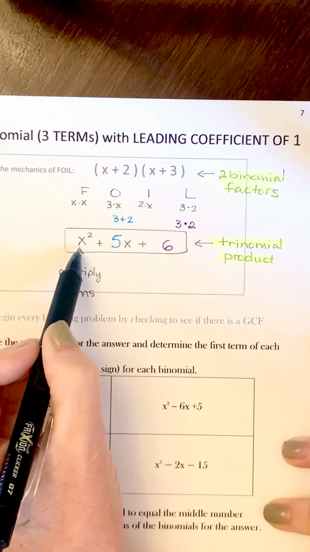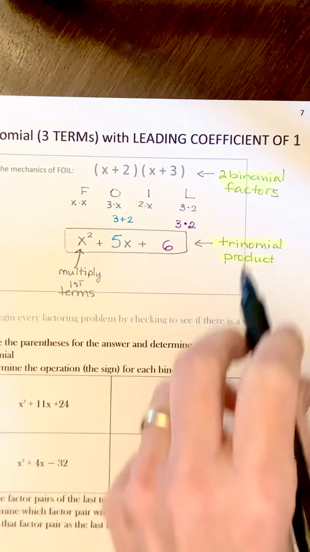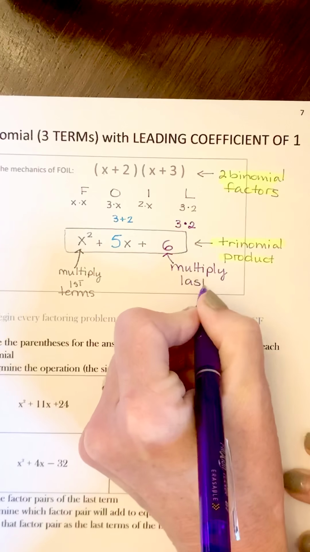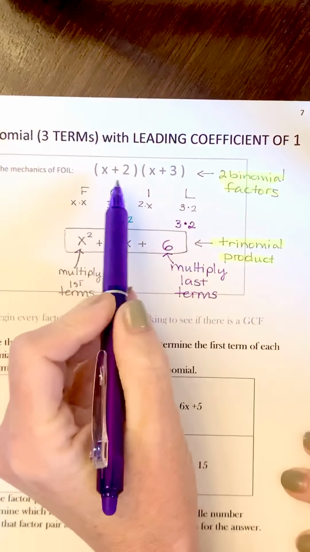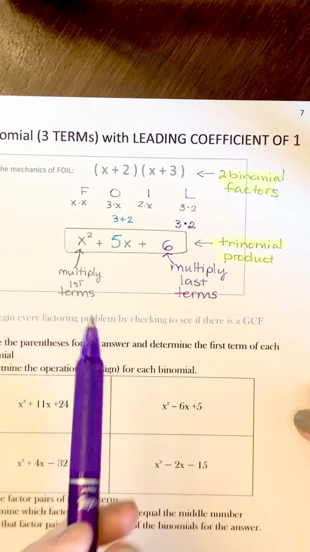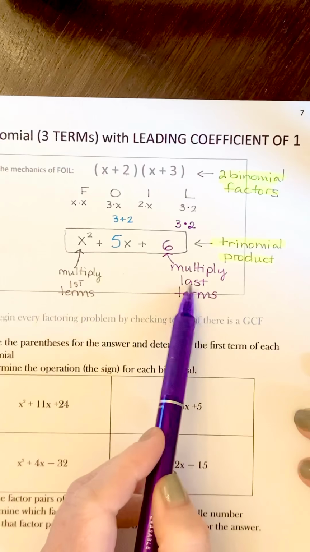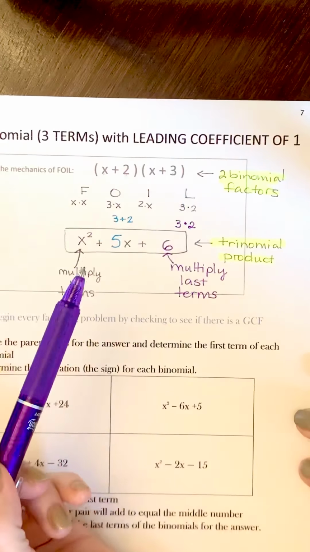X times x is where we got x squared. Okay, to get the last term of your product, you multiplied the last terms of the binomial. So if we look at the binomial, 2 times 3 gives me 6. All right, so this information is going to be how we figure out what goes here and here.